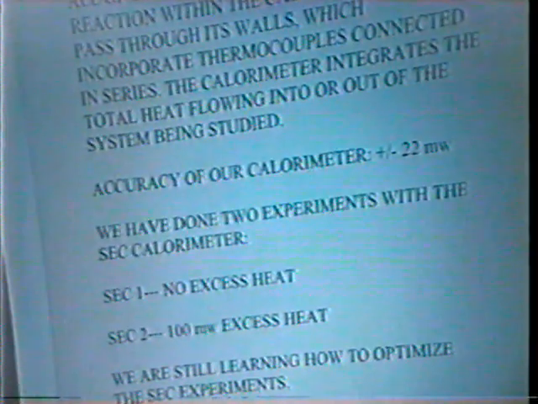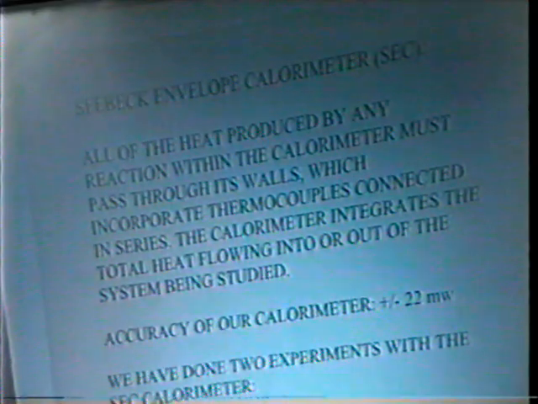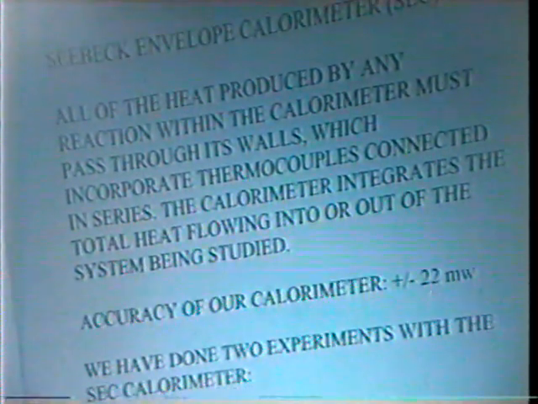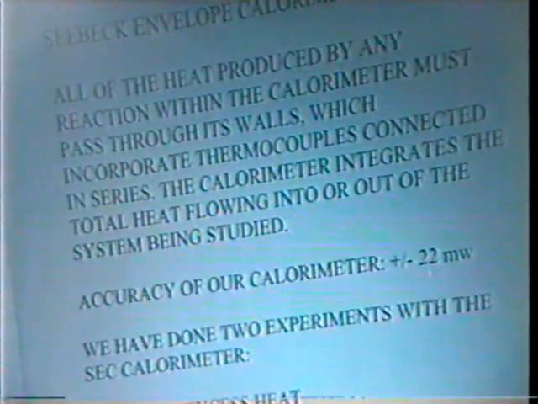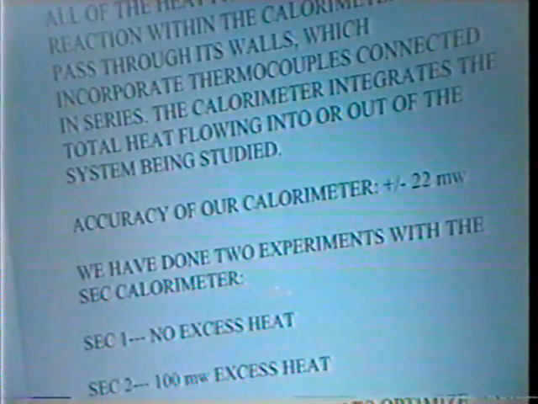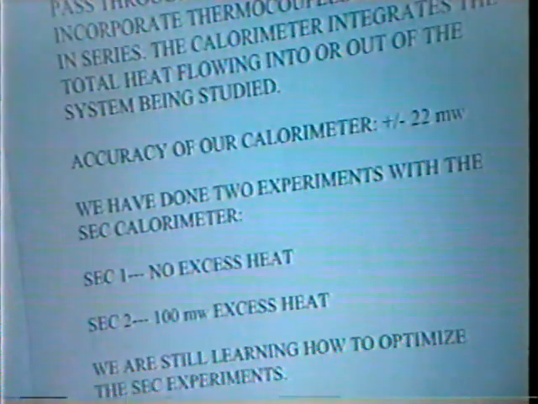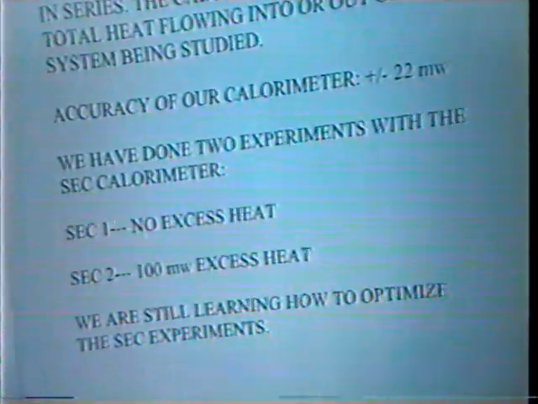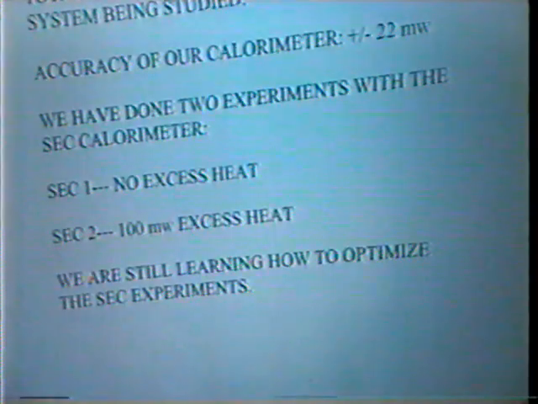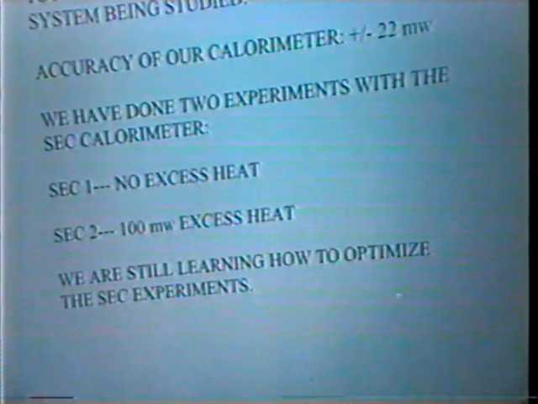So in this calorimeter, we have calibrated, and our result is that we have an accuracy of plus or minus 22 milliwatts. We've done 2 experiments so far, no excess heat in the first one and 100 milliwatts in the second one, but we're still learning how to optimize this experiment.